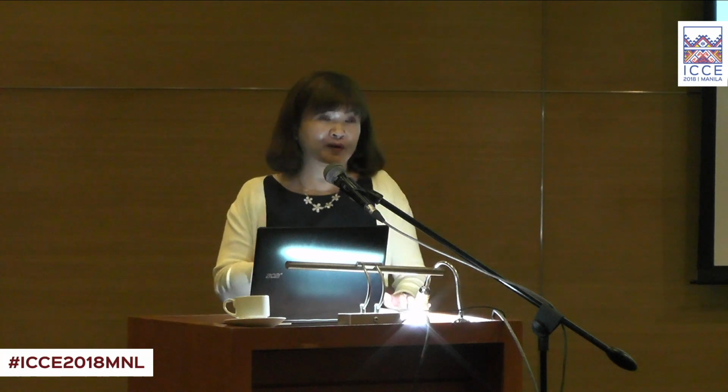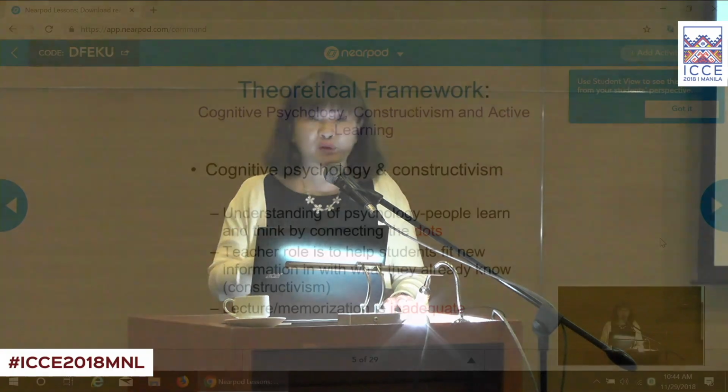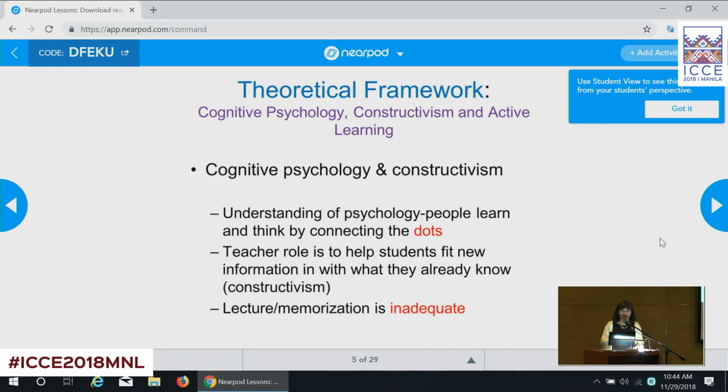The past several decades have witnessed great changes in the understanding of how people learn, and these changes are the results of the growth in the discipline of psychology. The modern understanding of psychology has revealed that for people to develop mastery of subject matter or deep learning, they need to connect the dots to understand how new information fits in with what they already know.